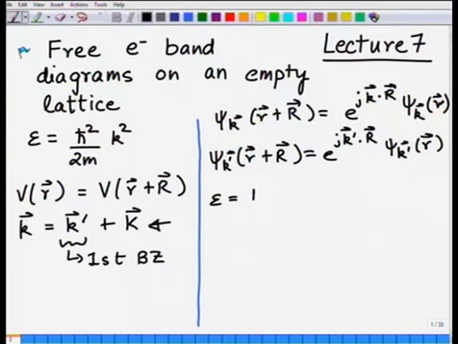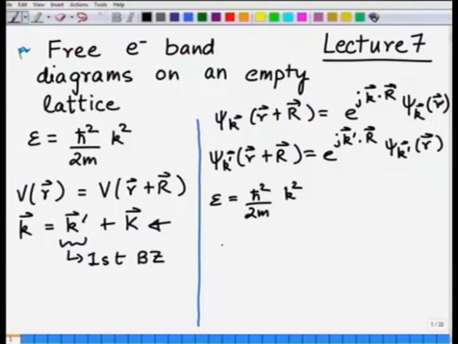Keeping track of it, I can always calculate energy as E equals h square by 2m. That means if I know K prime and I know what K I have used, then since my energy goes as K square, it is equal to h square by 2m times K prime plus K vector.